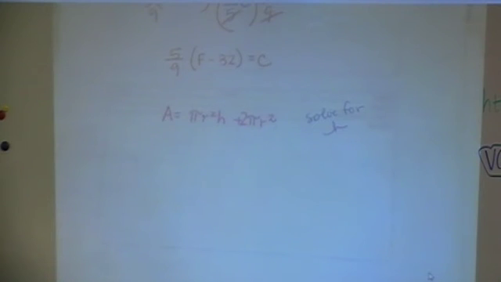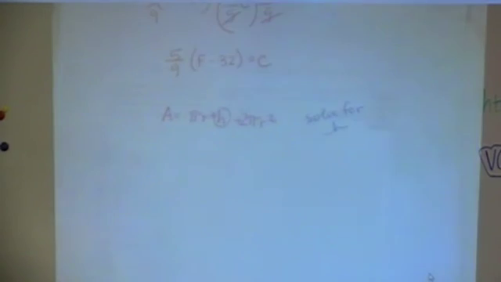They want us to solve for h, which just means get h by itself. So I need to get rid of everything that is with the h. What do I do first? Minus 2 pi r squared.